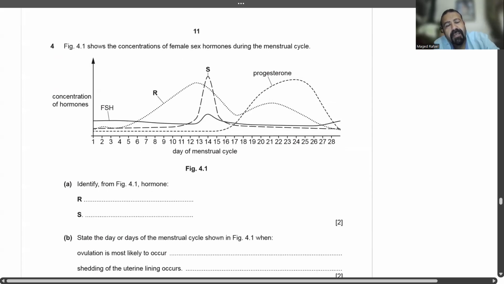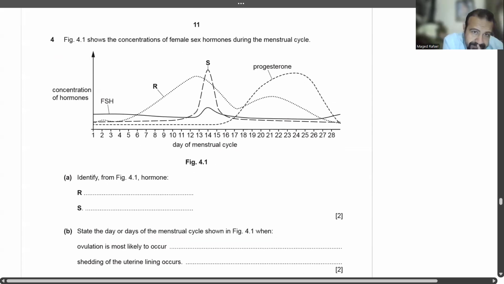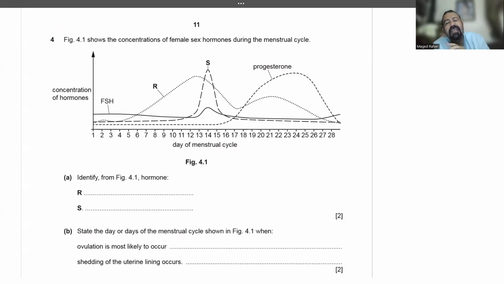Question 4 is about hormones, female hormones. He's giving you the concentration of the hormones in the cycle. He is asking you to identify hormones R and S. What's hormone R and what's hormone S?